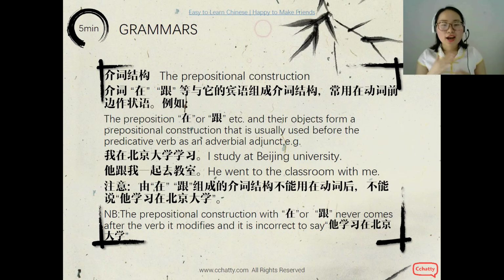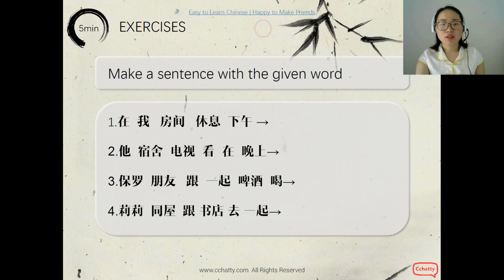Okay. 我在麦当劳吃午饭, 吃午饭 means have lunch. Okay, very good. So actually for this sentence we can practice it. I'll give you many exercises after class, and maybe we can also practice in our next lesson. This is a very commonly used sentence pattern. The exercise you can do after class.